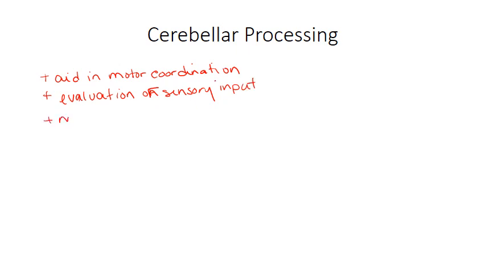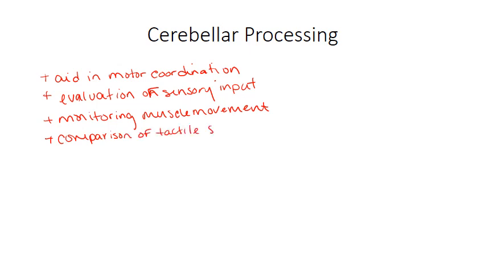Okay. Just monitoring our muscle movements. And I'm just making a list of different functions of the cerebellum. So you can reach your hand into your pocket and you can touch and feel different surfaces in your pocket and know what you're touching, like keys versus chapstick versus a receipt.